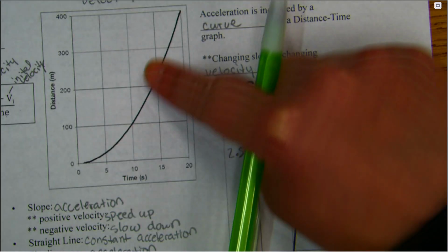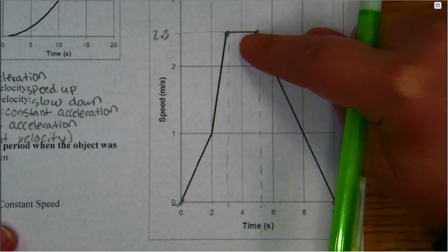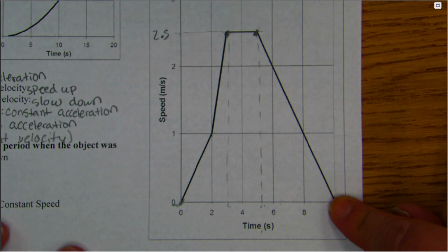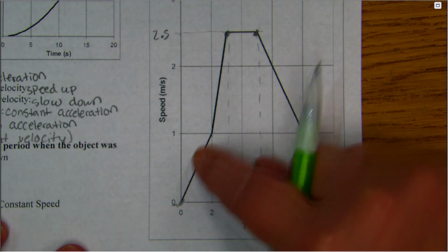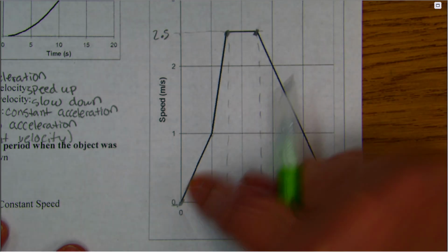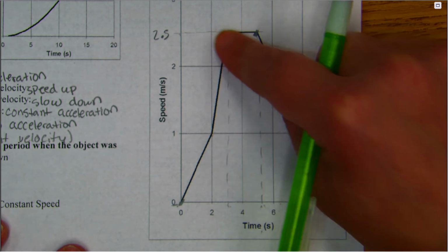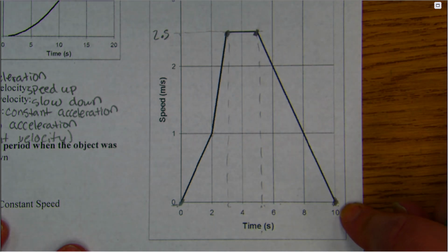If it is a curved line, it now means we have acceleration. If we look at speed versus time, the slope gives us the acceleration. A positive slope means we are speeding up, and a negative slope means we are slowing down.